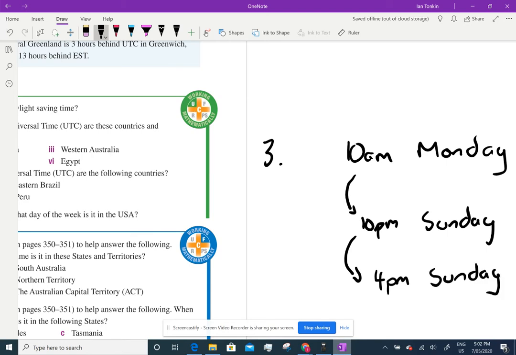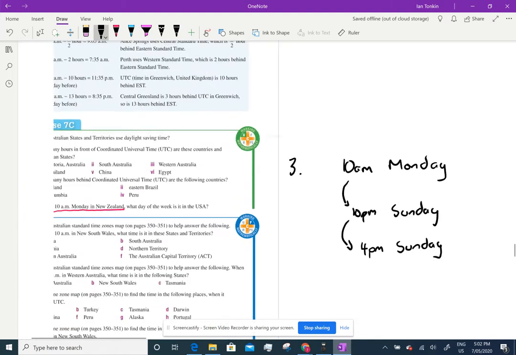So if it's Monday in New Zealand, it should be Sunday in the United States. They might differ in different states and different zones, but it'll still be Sunday. Okay.